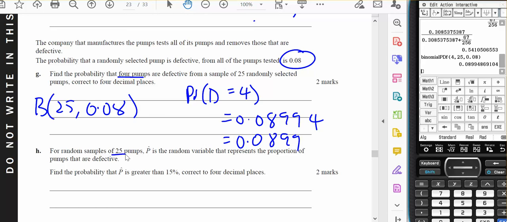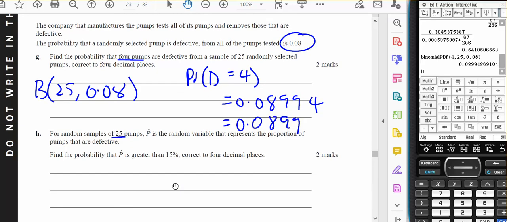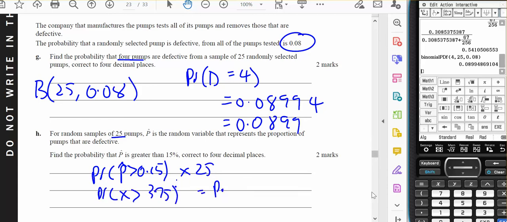Now the probability in a sample of 25 that p hat is greater than 0.15. Turn that into x by multiplying by 25, so the probability that x is bigger than 3.75, which means the probability that x is bigger than or equal to 4. So I'm now going to do binomial CDF, 4 to 25, 25, 0.08.